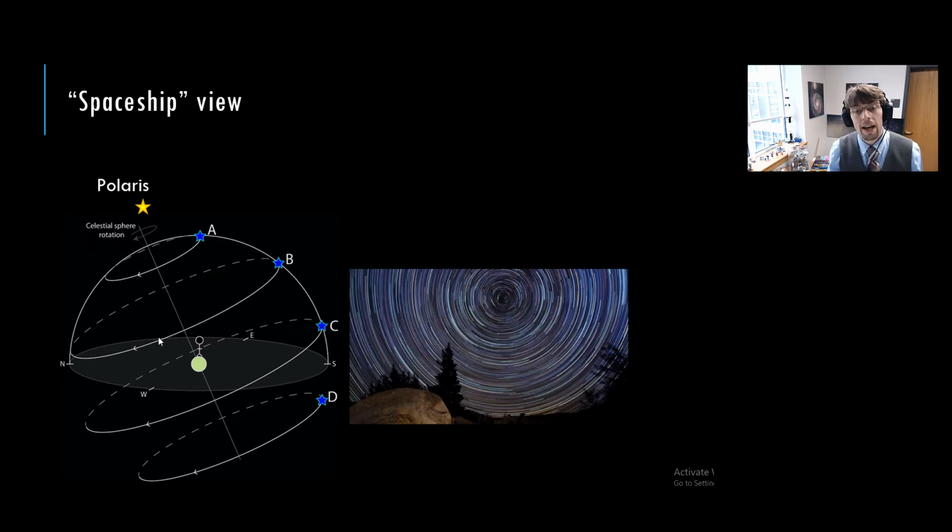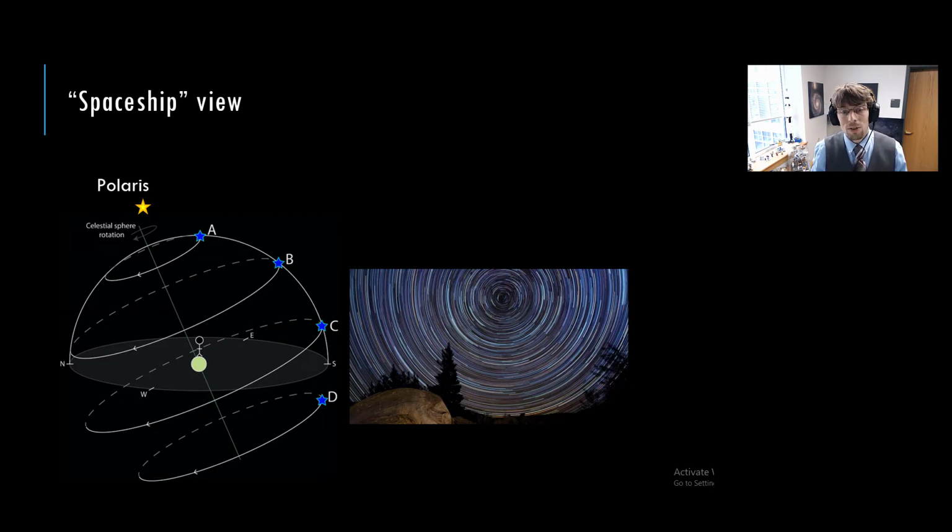Now, the second one I have is the idea about, well, what does the sky look like for this person standing on the Earth? Okay? You have this giant glass sphere rotating around you. If you could paint out the tracks that the stars leave, then you would see all of these stars orbiting around the north celestial pole, or the south celestial pole if you're in the south.